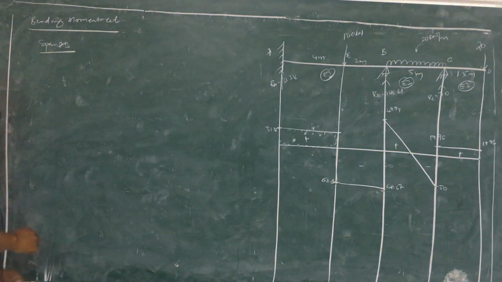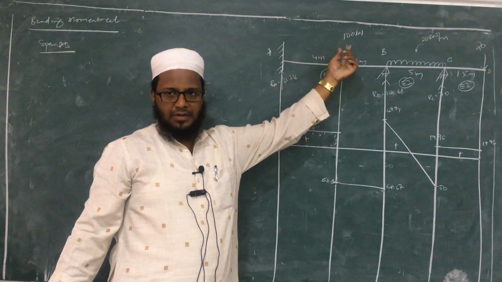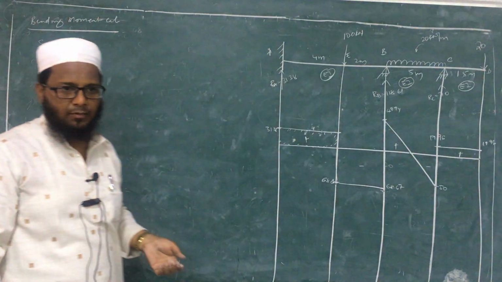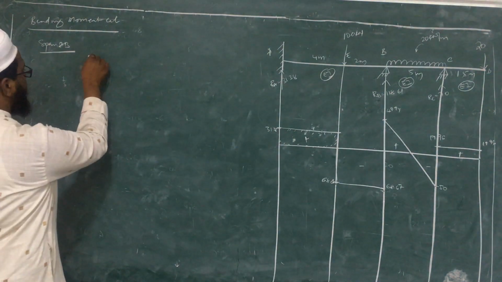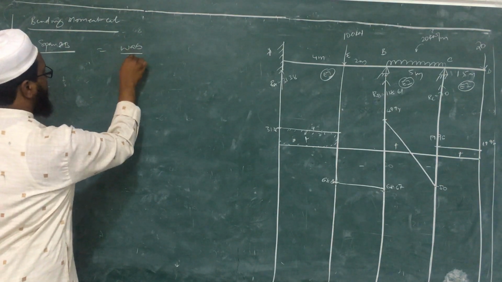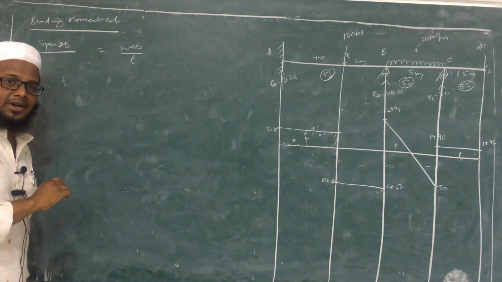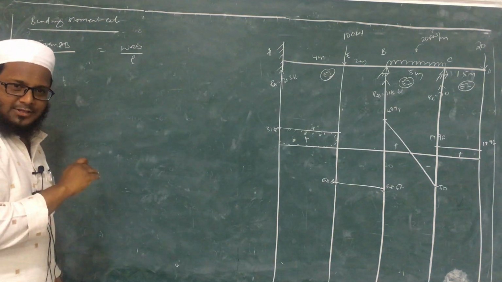For span AB, since the point load is eccentric, what is the formula for bending moment? WAB by L for bending moment. For fixed end moment, WAB square by L square, all those things.